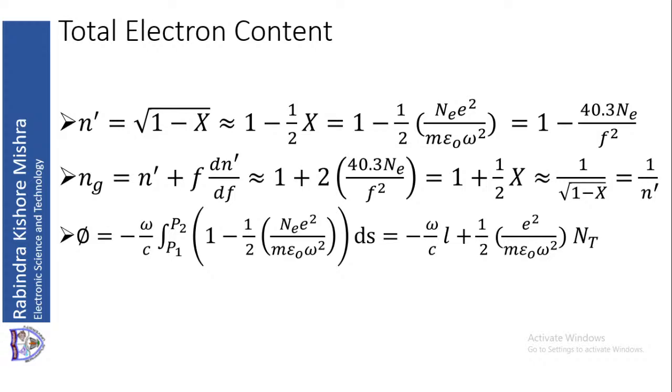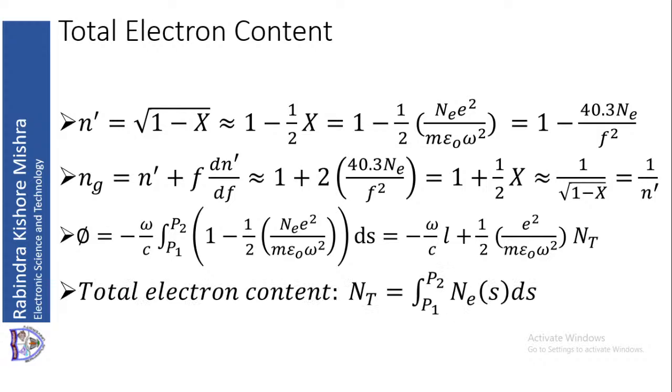So from this we will see that total electron content Nt will be equal to this integration of P1 to P2 Ne ds. That is the total electron content. So now we have found out what is the total electron content once we know what is phi. And now phase delay and time delay.